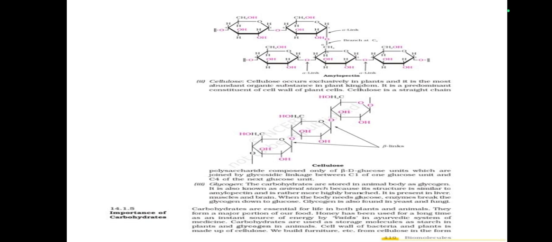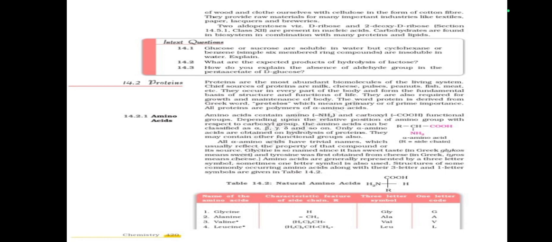We build furniture, etc. from cellulose in the form of wood and clothe ourselves with cellulose in the form of cotton fiber. They provide raw materials for many important industries like textiles, paper, lacquers, and breweries.